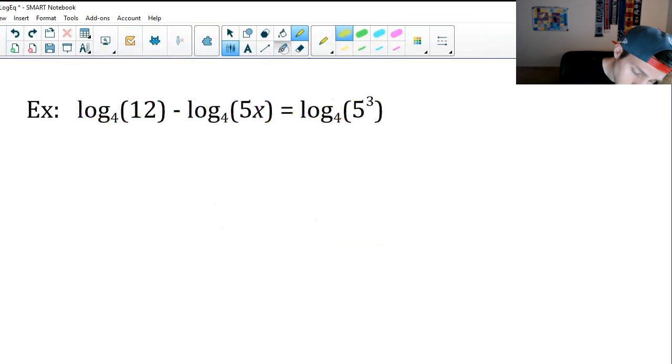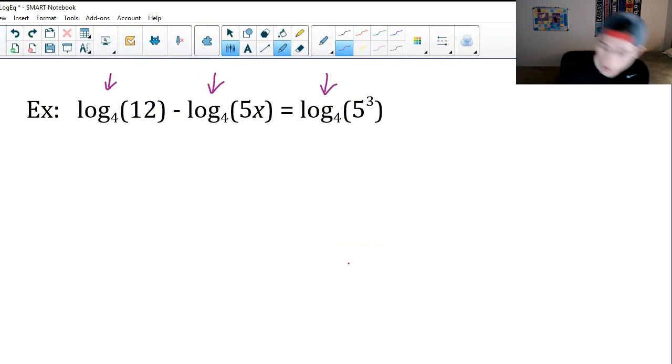Okay, so here's an example of what that would look like. So I have 3 logarithms. This is not method 1 because method 1 is just log equals log. But this is log minus log equals log. It's different. 3 different logs. So I want to use my properties to try to make this look like method 1 or maybe method 2.